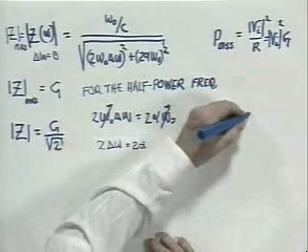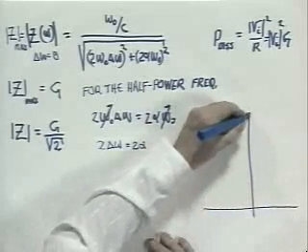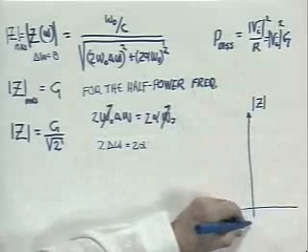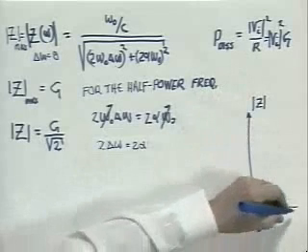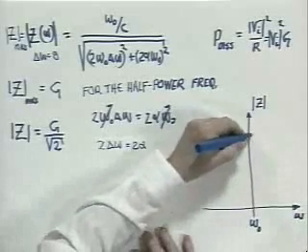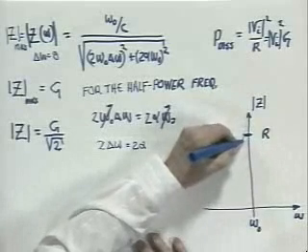Now keep in mind what we're doing here. We're calculating the magnitude of the impedance near the resonant frequency, omega naught, versus frequency. At omega naught, the impedance is just equal to R, and it falls off on both sides.